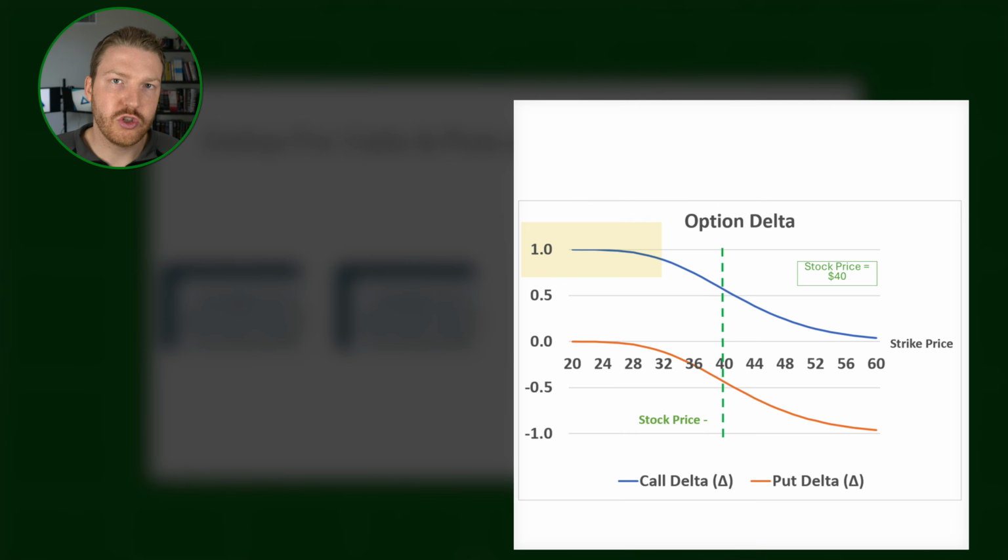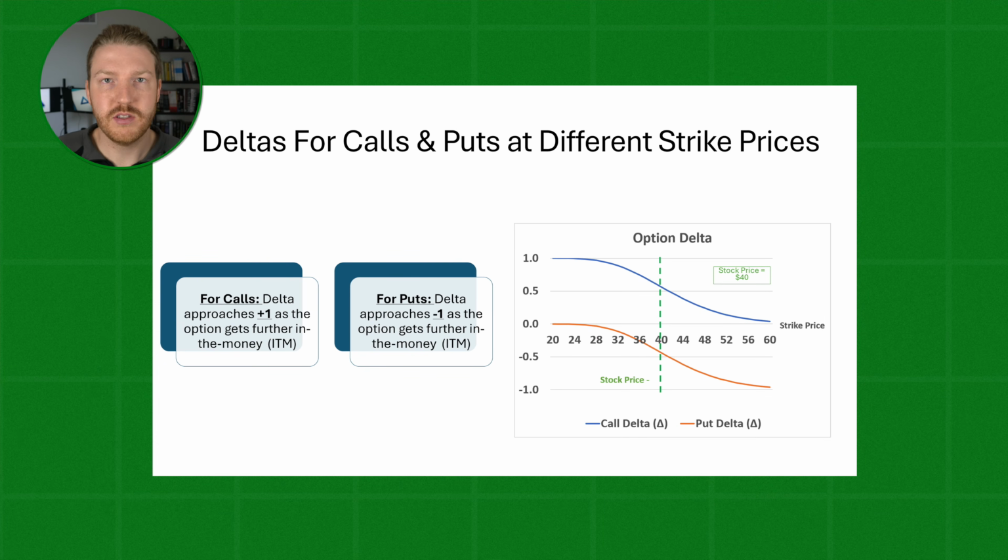This is basically showing that as the stock becomes further and further in the money, meaning that the strike price is further and further beneath the stock price, the probability that the option roughly expires in the money approaches closer to 100%. This also indicates that for each dollar move in the stock price, we should see roughly a $1 move in the option price.